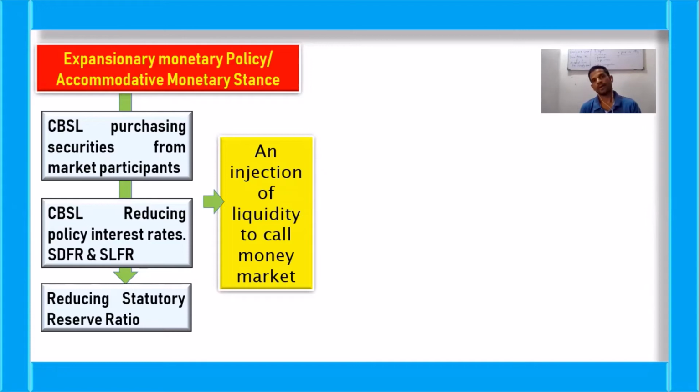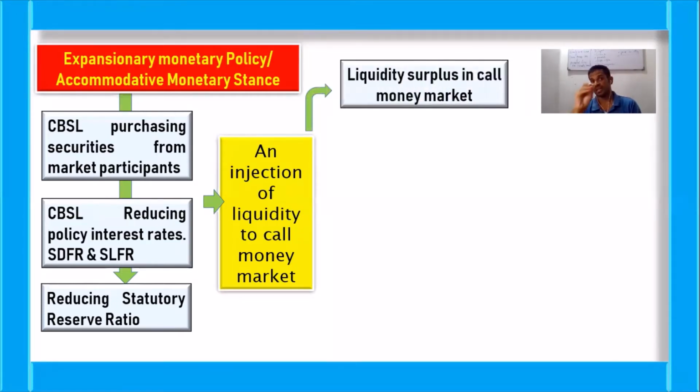Yeah. So due to this injection of liquidity, that means currency, money, to the commercial banks, there will be a liquidity surplus in the call money market. That means there's an excess liquidity in the call money market.